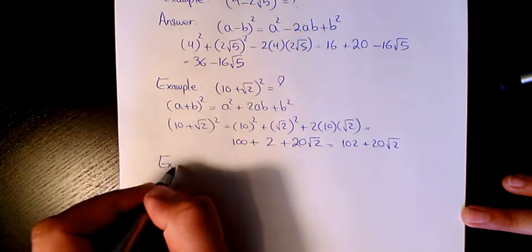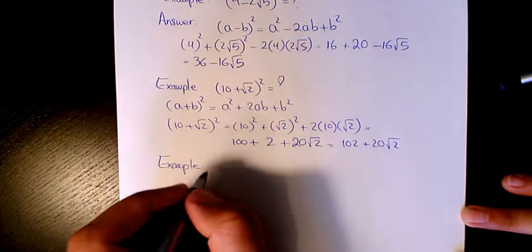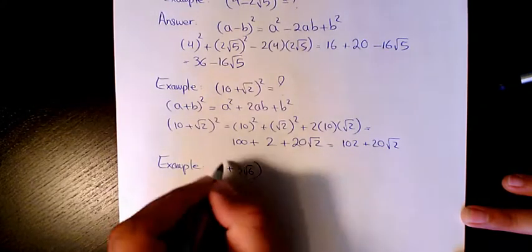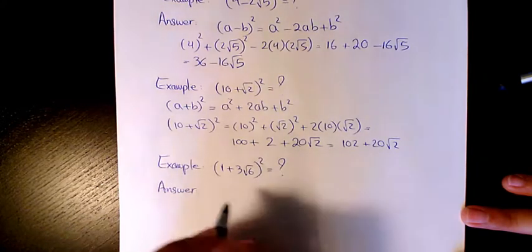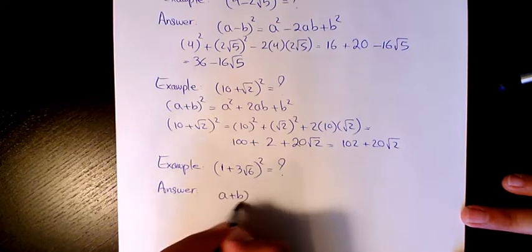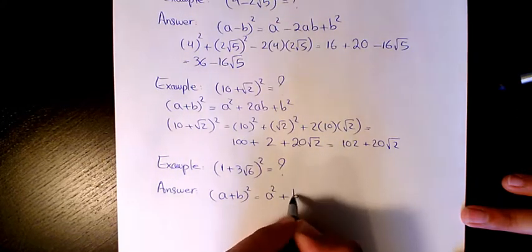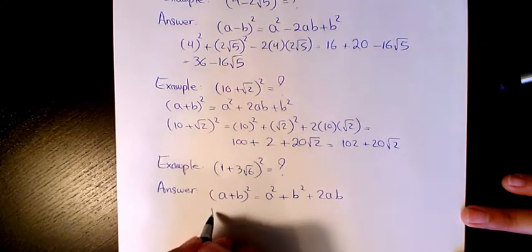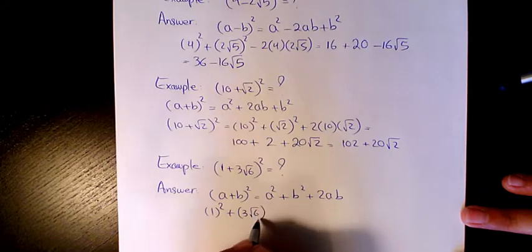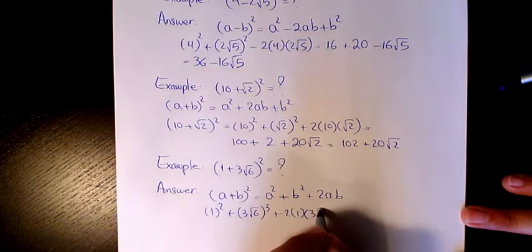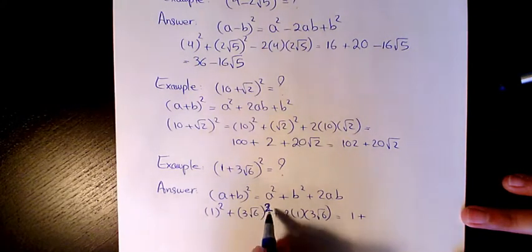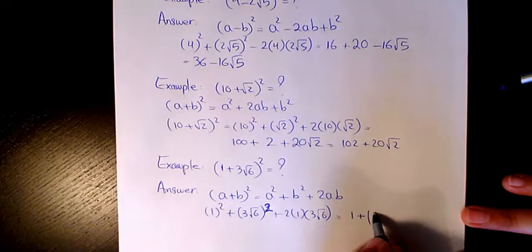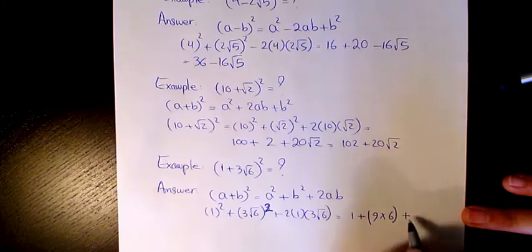Next example, we have (1 + 3√6)^2. The answer is, again, based on (a + b)^2, we have a^2 + b^2 + 2ab, which is going to be 1 squared plus (3√6) squared plus 2 times 1 times 3√6. So 3 squared is 9, √6 squared is 6, plus 2 times 3√6 is going to be 6√6.